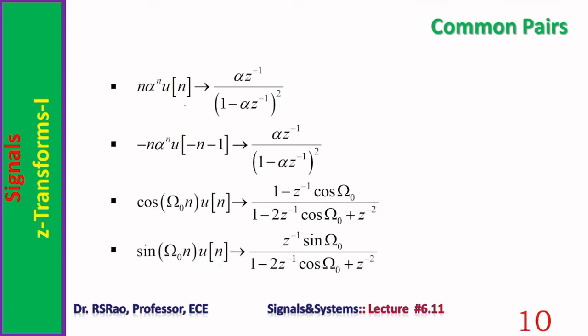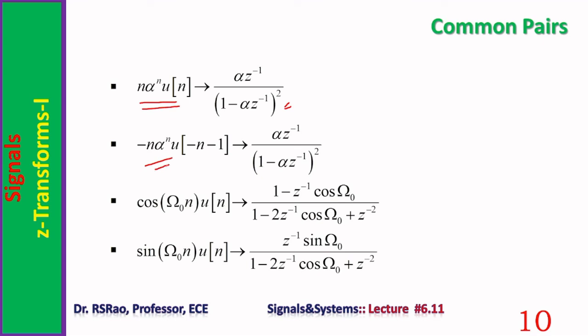Some more signals we consider to give their transforms. The transform of n alpha power n u of n can be shown equal to alpha z power minus 1 by 1 minus alpha z power minus 1 whole square.